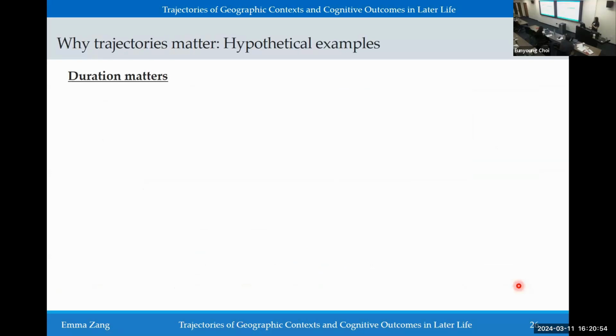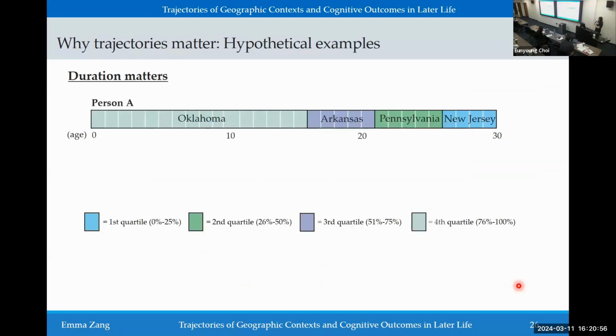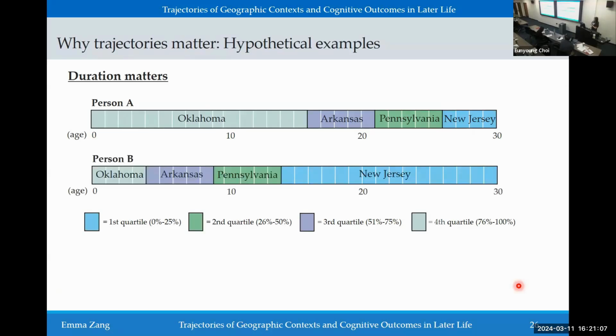Okay, so why should we study trajectory? Let me give you one hypothetical example. We have this person A who lived in 4 states, Oklahoma, Arkansas, Pennsylvania, and New Jersey. And we have this person B who lived in exactly the same 4 states, but person B lived in Oklahoma for much fewer years. So what is our prediction?